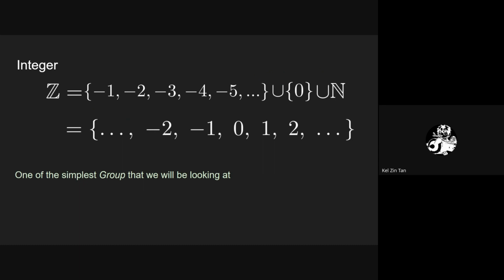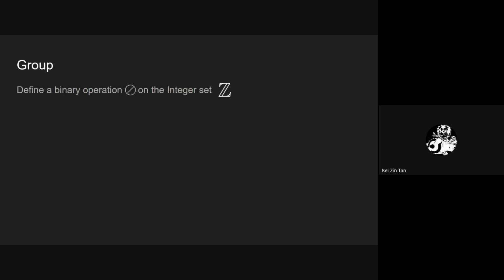The integers will be the simplest group that we will be looking at. Now we have to define what a group is, and first let's talk about binary operations. Imagine we have a binary operation, which I call slash, on the integer set Z. Then I ask you, what is 1/2?